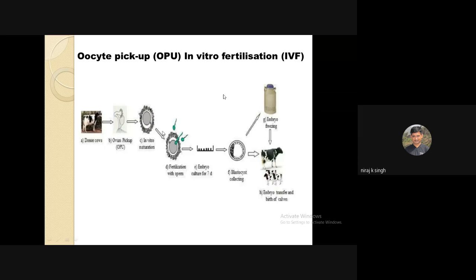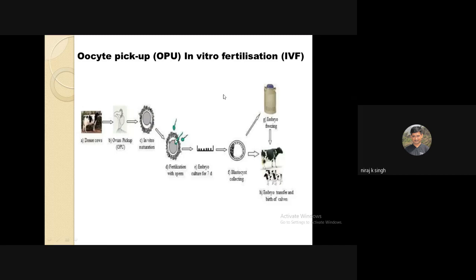So what are the steps? First of all, OPU. For OPU, the high yielder female animal has to be selected, and we go for hormonal superovulation. After hormonal superovulation, we have to collect the ovum and culture it in in vitro conditions. After culturing, the ovum has to be fertilized by the semen from the high yielder bulls.